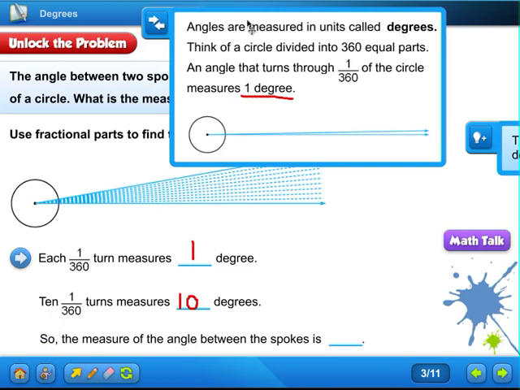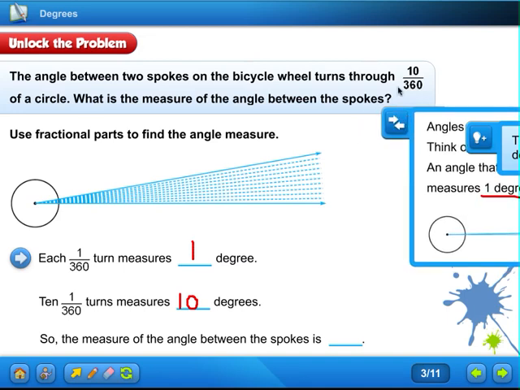That's what this one says right here. 10. So the measure of the angle between the spokes is 10, because it moved 10 degrees. 10 out of 360 degrees.